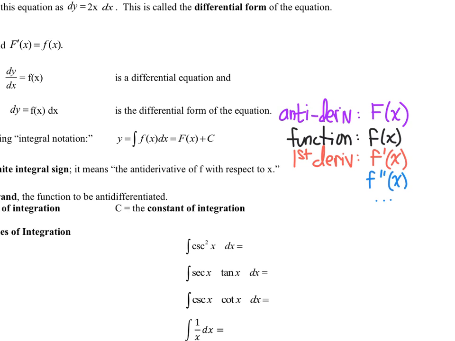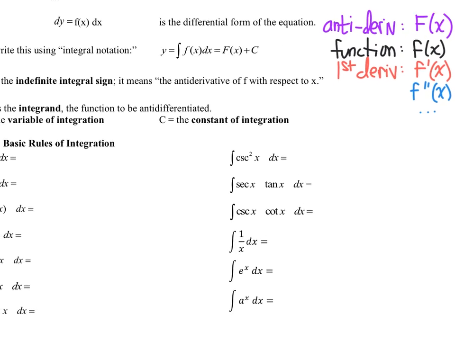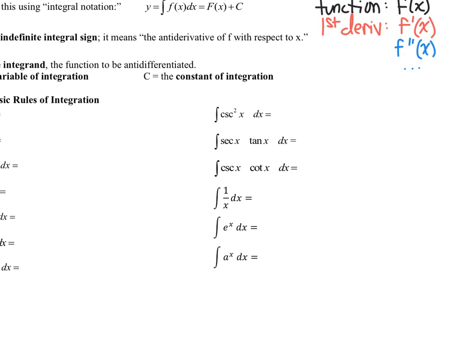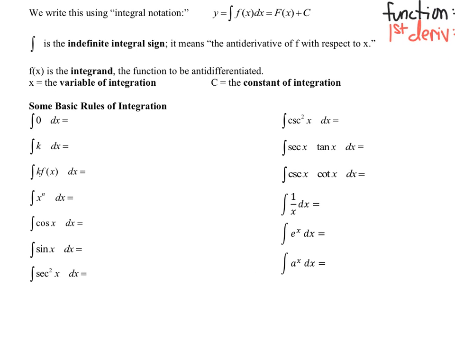This little table here is really just us remembering what our derivative rules are and working off of that. So we would want to be thinking, what kind of function has a derivative equal to 0? C, some constant C. K represents some other kind of constant.